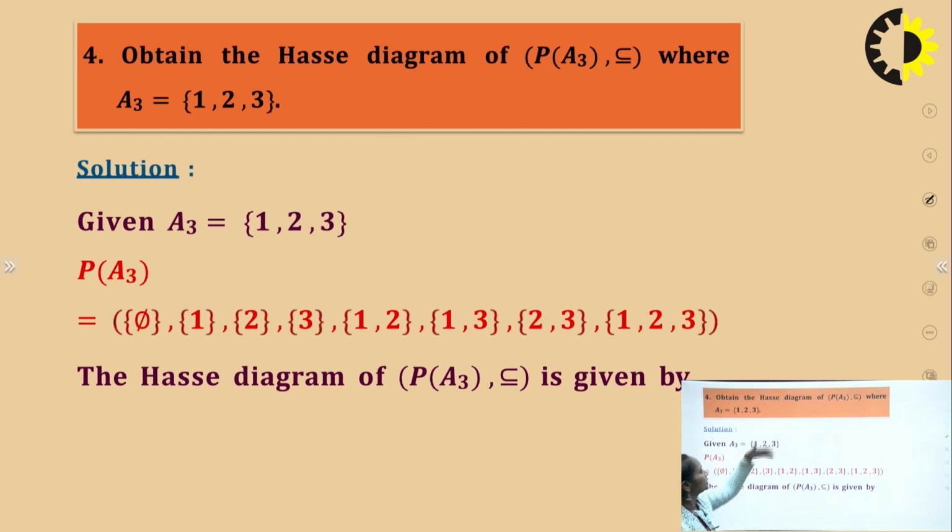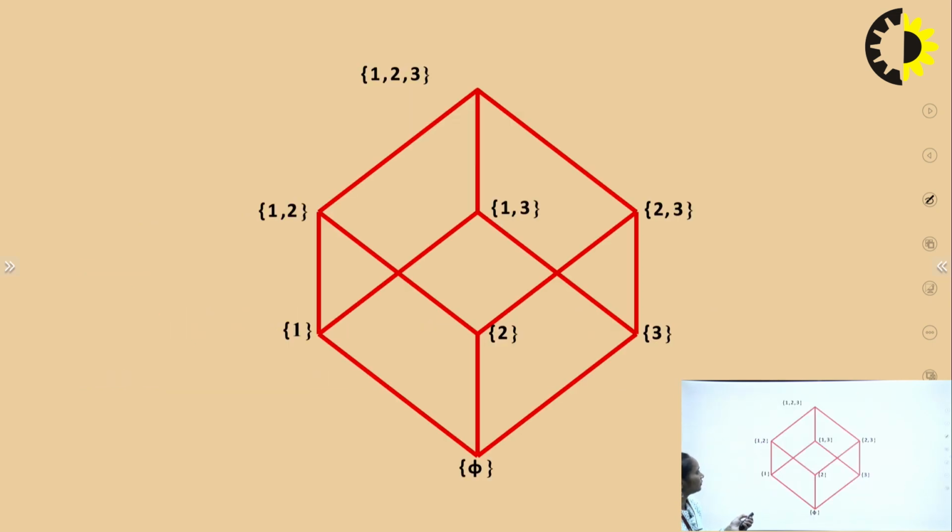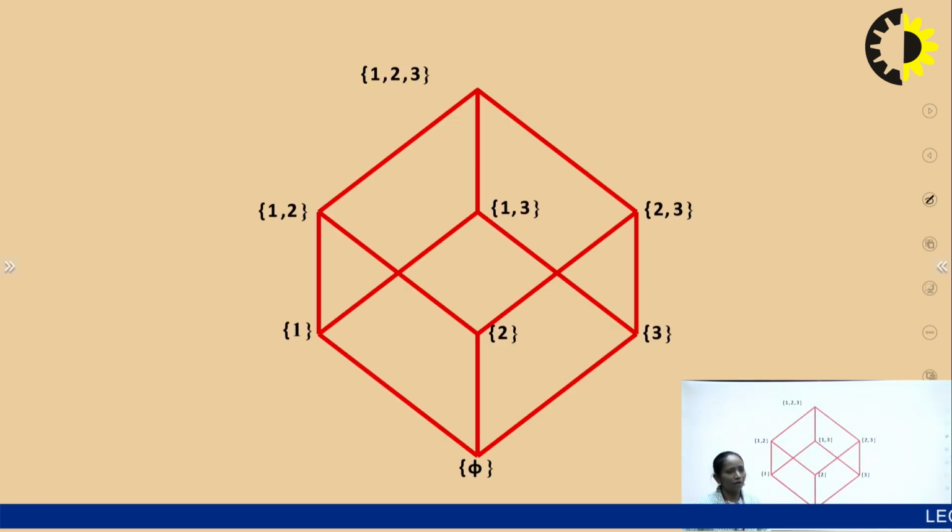That will be the power set: the empty set, 1, 2, 3, then 1 2, 1 3, 2 3 and 1 2 3. So these will be the relationship members. Then we create the Hasse diagram for this relation. After removing the reflexivity and transitivity relations, this will be the Hasse diagram for the given set.